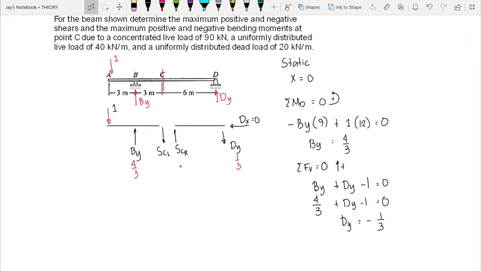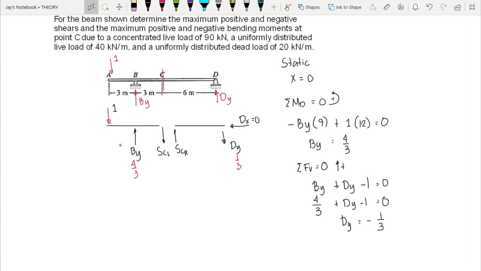Now, in creating an influence line diagram of shear at a point along the beam other than the reaction, according to the rule, if our 1 unit load is on the left side of C, then in drawing the influence diagram, we should consider the free body diagram on the right side of C. But if our 1 unit load is on the right side of C, then we consider the free body diagram of the left side of C.